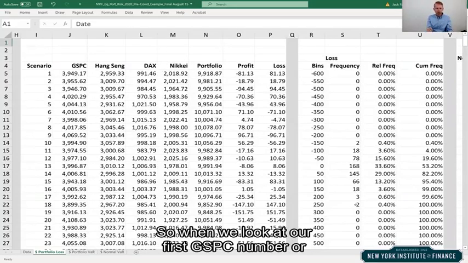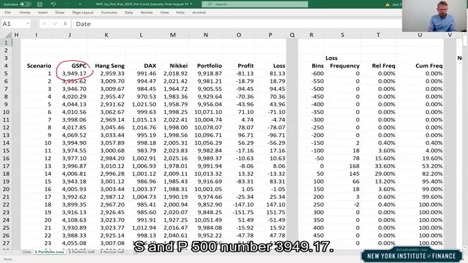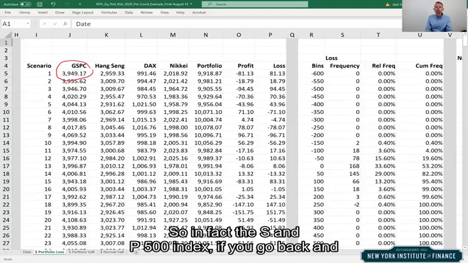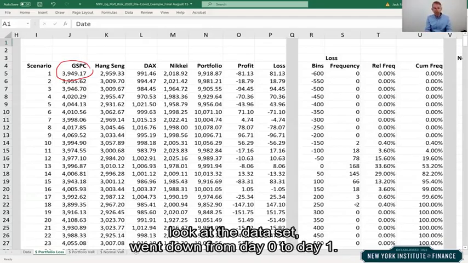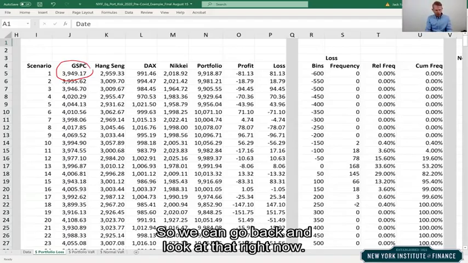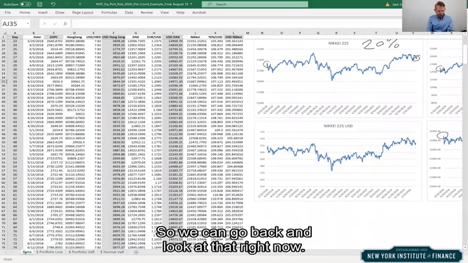So when we look at our first GSPC number, or S&P 500 number, 3,949.17, that is the value of $4,000 invested on day 0, on day 1. So in fact, the S&P 500 index, if you go back and look at the data set, went down from day 0 to day 1. So we can go back and look at that right now.